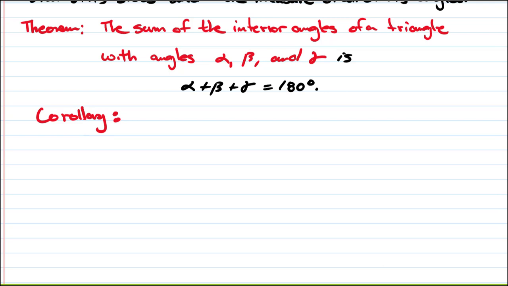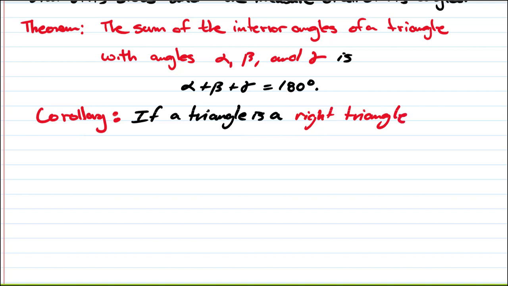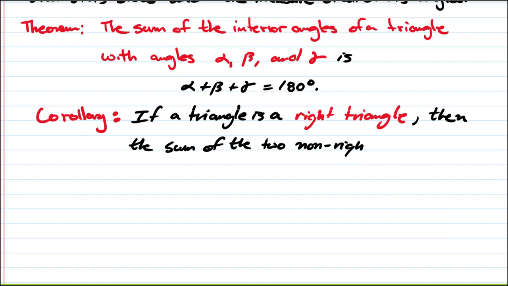If a triangle is a right triangle, then the sum of the two non-right angles is 90 degrees.